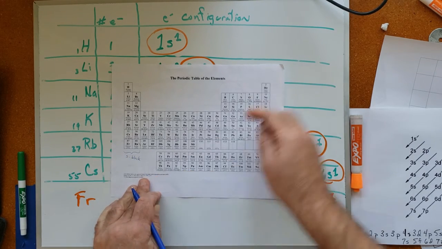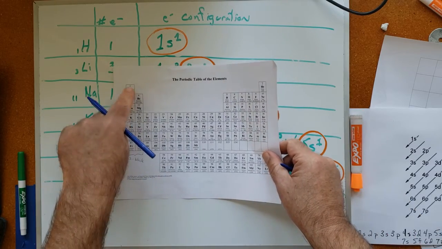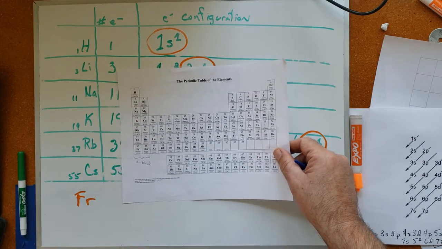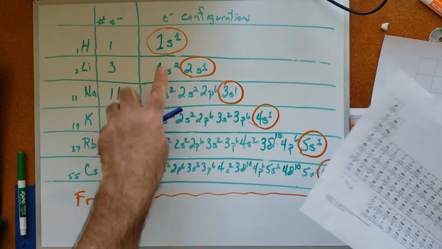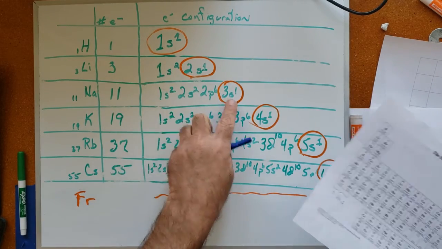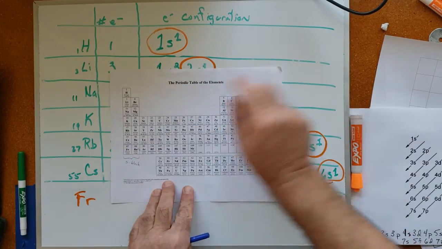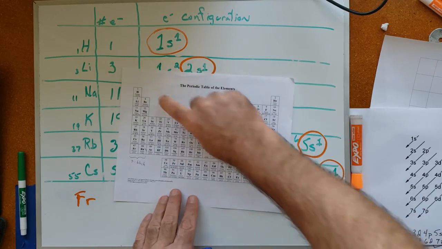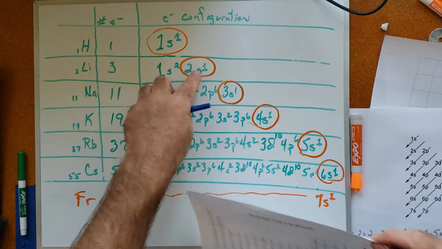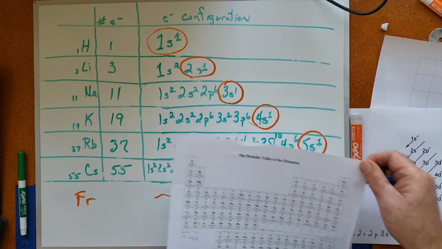They're referred to as the S block elements because the elements in these two columns have electron configurations that end with an s orbital. The very first column ends with an s1 orbital. The second column would end with an s2 configuration.